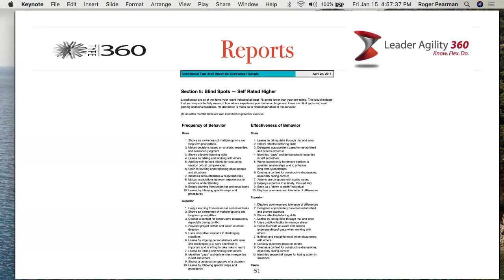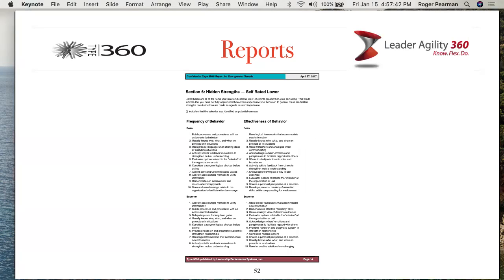If it's higher, it will indicate a hidden strength. And you will see that if there were no differences, of course, it would just be blank. There wouldn't be any indication of hidden strength or a blind spot in the report.